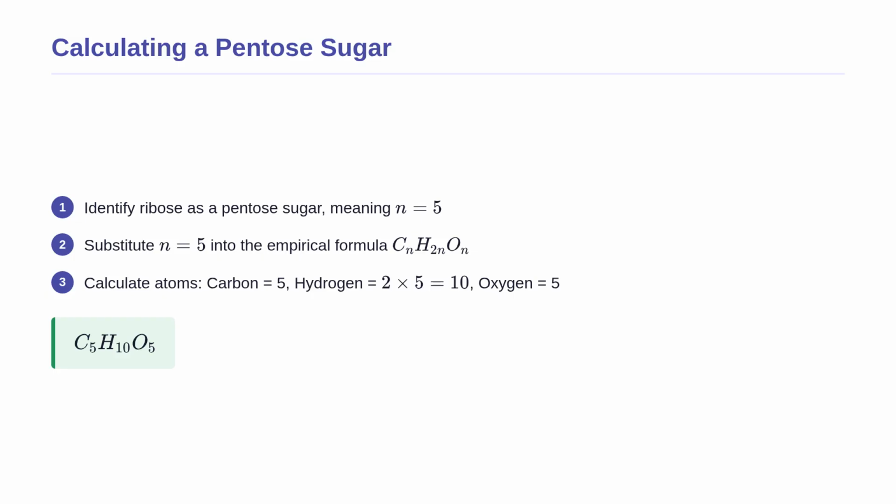We set the variable N to 5. Substituting this into our empirical formula, we multiply the hydrogen count by 2, yielding 10 hydrogens, while the oxygen count matches the carbon at 5. The final chemical formula is C5H10O5.